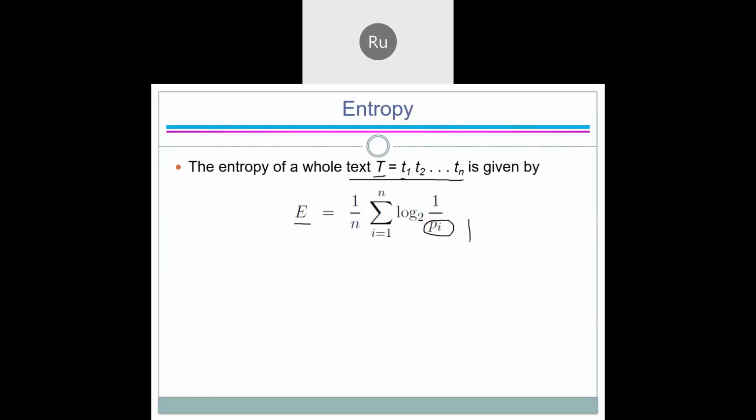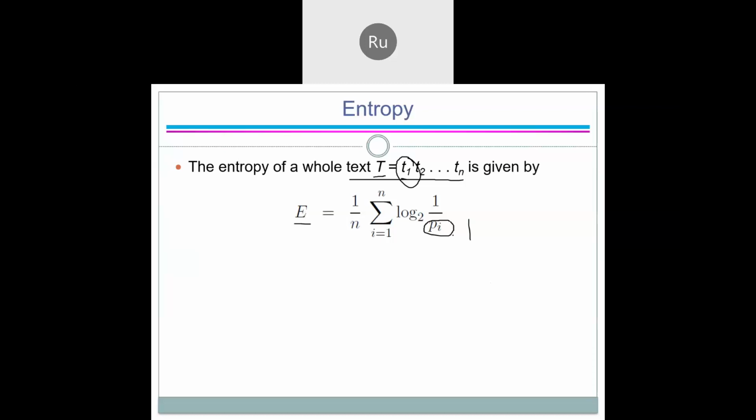So if the probability of each of the terms is high, your entropy is 0. When the entropy is 0, it means they carry less meaning.